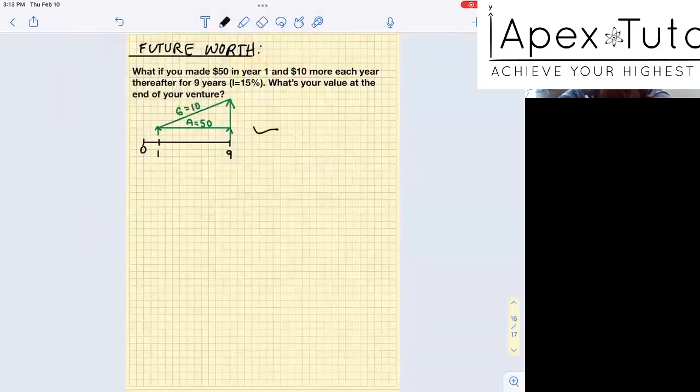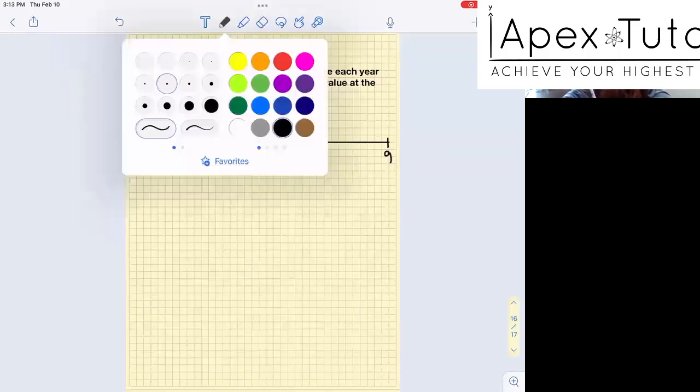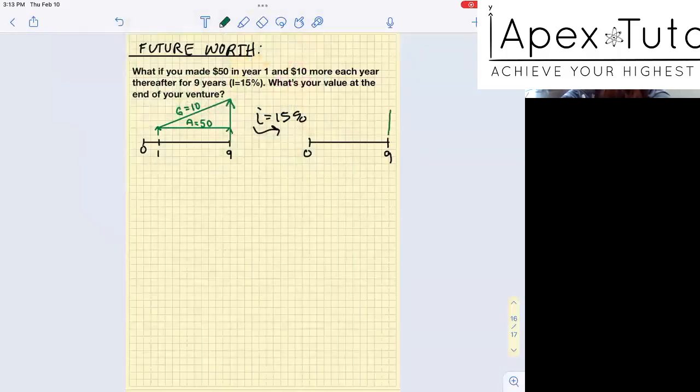So we want to know, given that our interest rate is 15%, how can we convert this to just one single benefit at year 9? That's what we want. So we're going to try and set up our future worth equation.